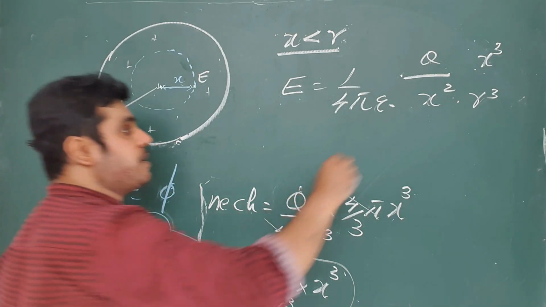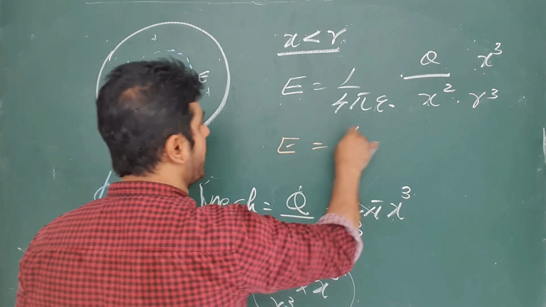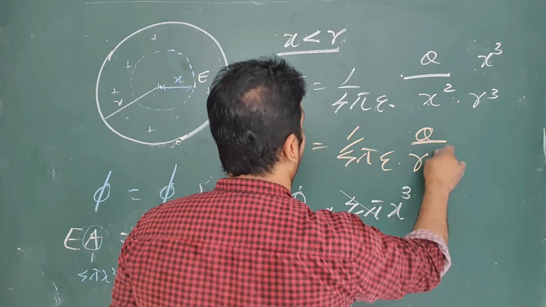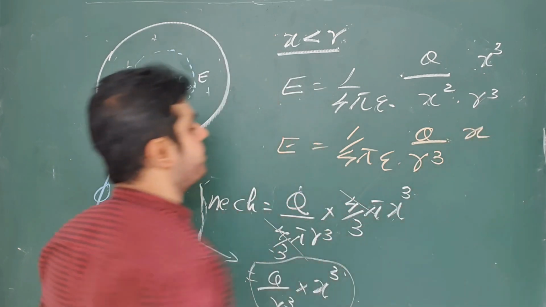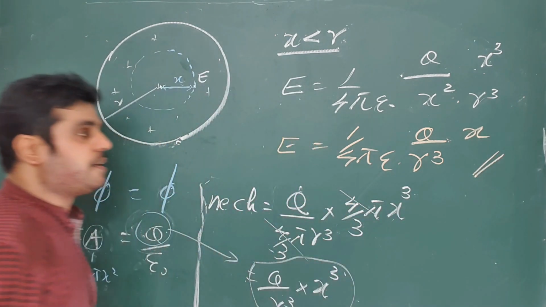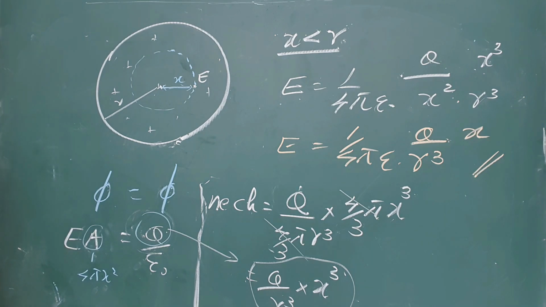Now you can cut x to the power 2 here. So finally it goes 1 over 4 pi epsilon naught, Q divided by R cube into x. Now this is the theorem to find electric field intensity inside the dielectric medium.